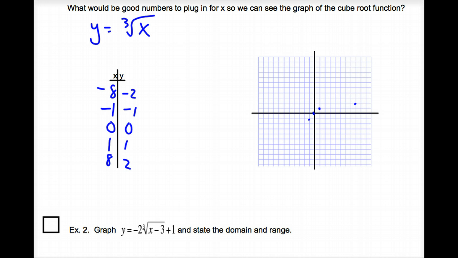It makes kind of an S that's been vertically compressed or horizontally stretched. So that's the parent function. We're going to draw that every time when we're doing the next type of problem here, which has the transformation. So we're going to go ahead and start with the parent function.